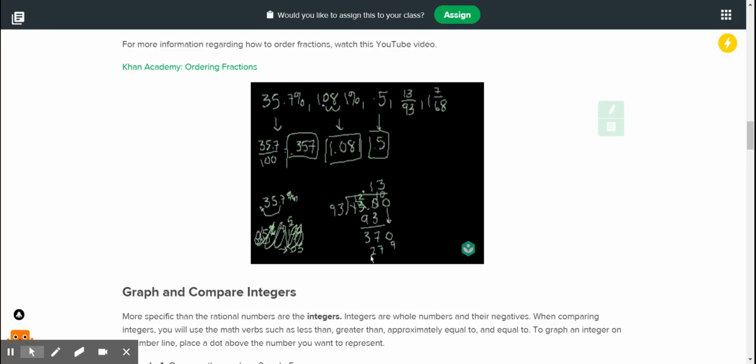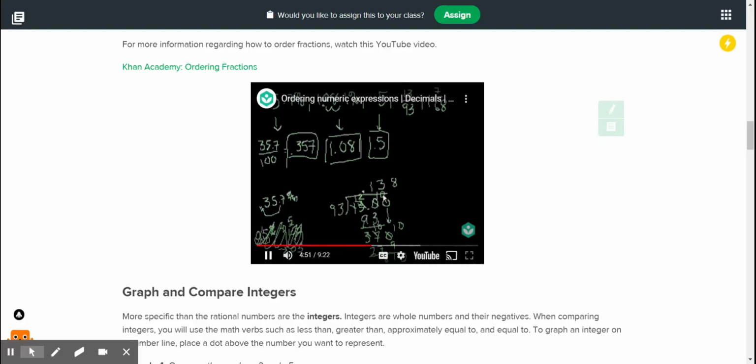So this equals, if this 0 becomes a 10, this becomes a 16, this becomes a 2, 81. And then we say how many times does 93 go into 810? It goes roughly 8 times.